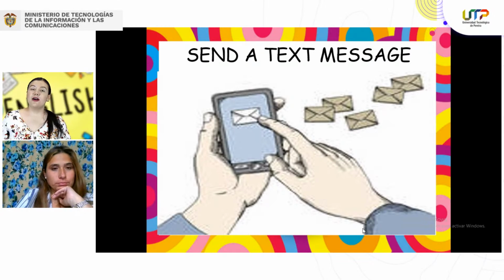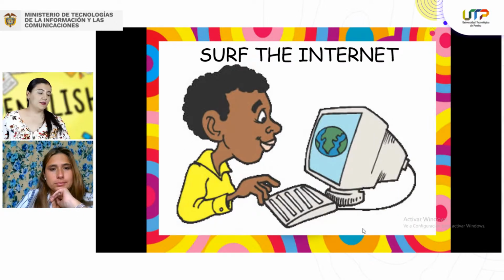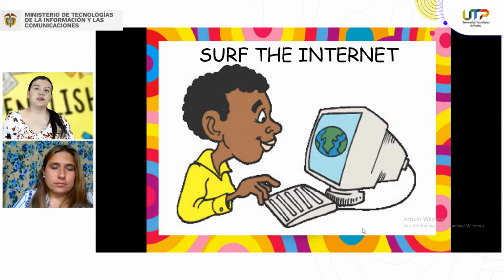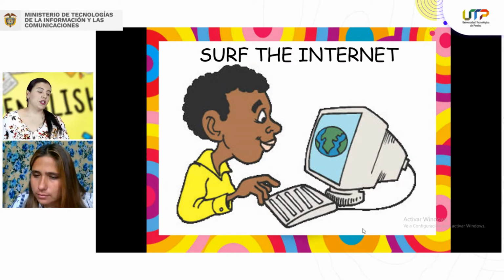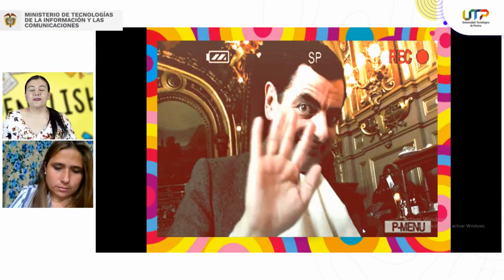So this is one of our favorite leisure activities too, yeah? Surf the internet. So that is another one. When we just want to look for any information on the internet, so we can say surf the internet, and that's it. Very good, chicos.